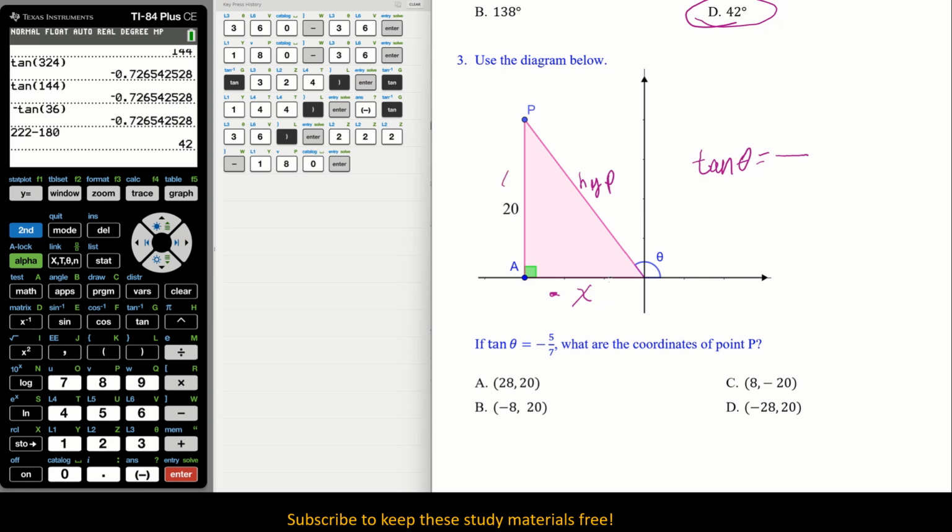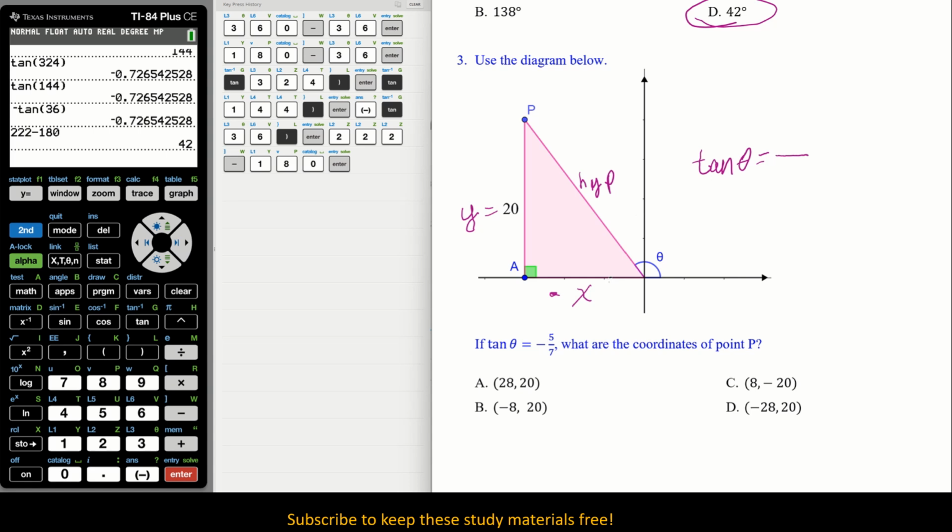Well, this is our y here, and that's going to be equal to 20. If I could write it to where you can read it. That's technically our y.